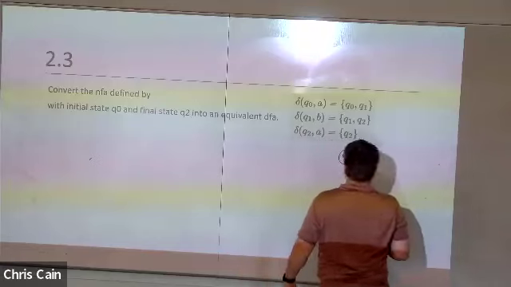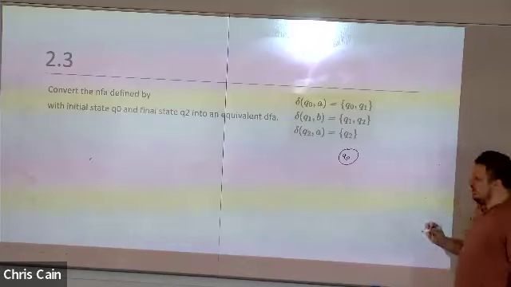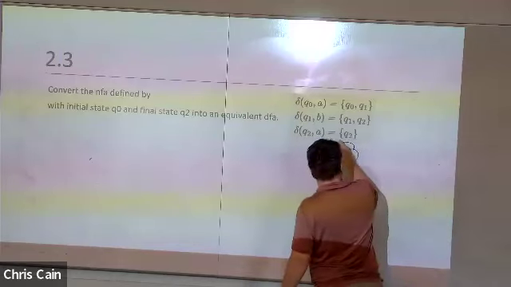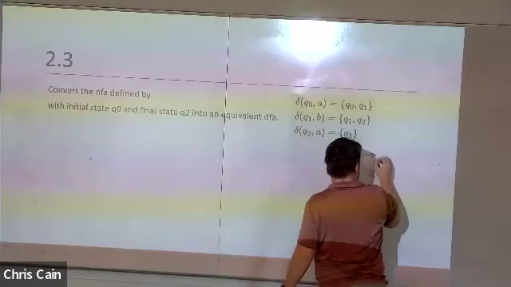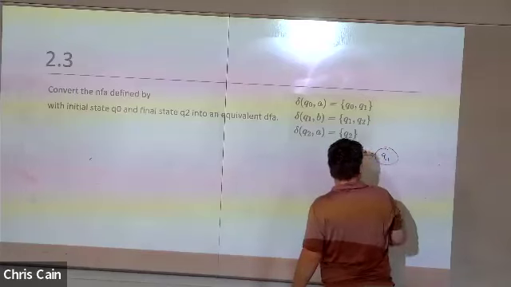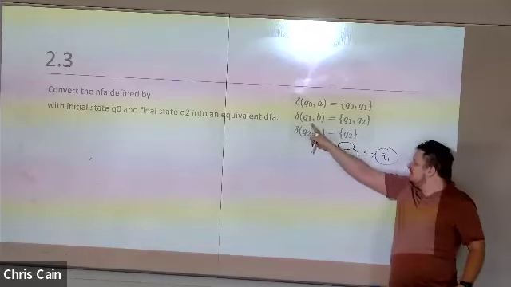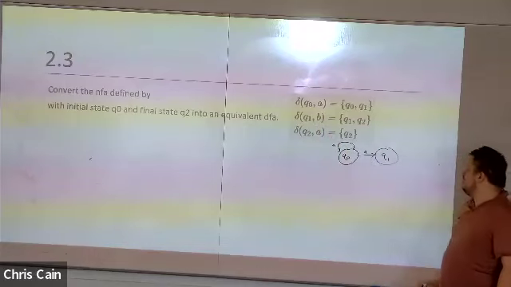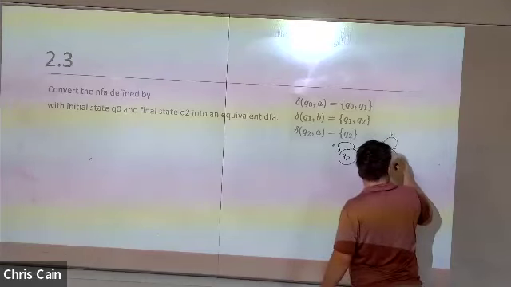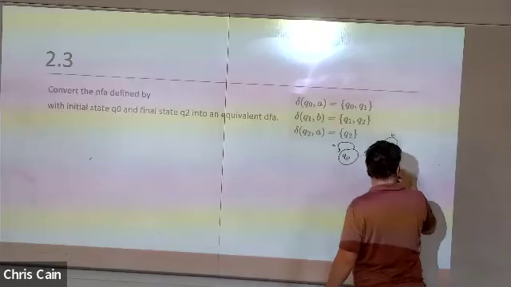All right, so on Q0, we can read an A, and go to either Q0 or Q1. So Q0 will loop to itself on an A and also transition to Q1 on an A. From Q1, reading a B, we can get to either Q1 or Q2.